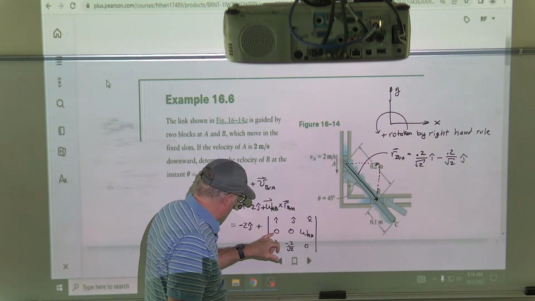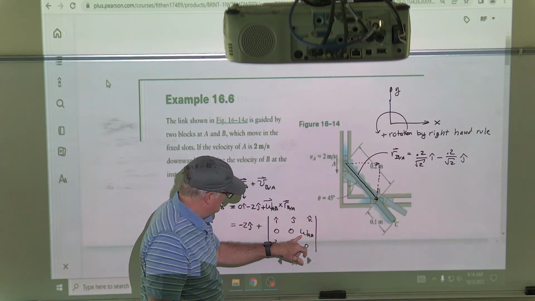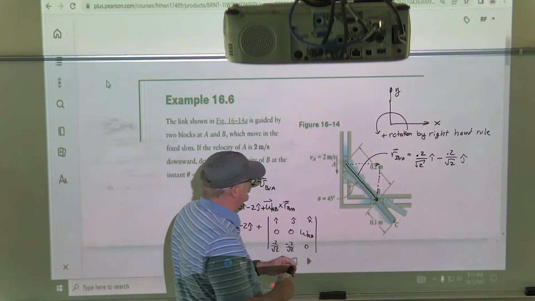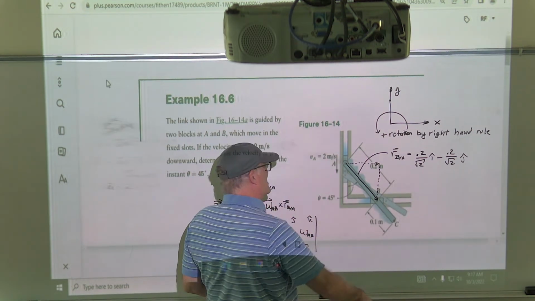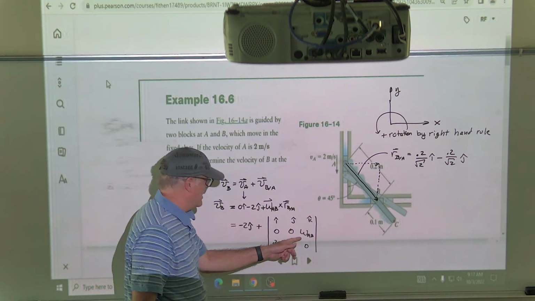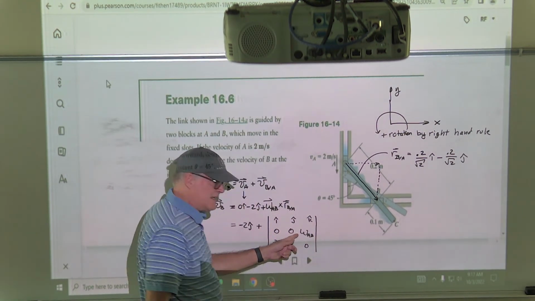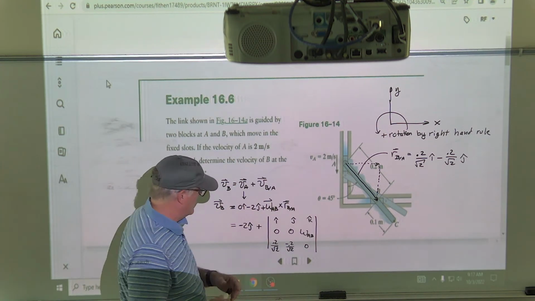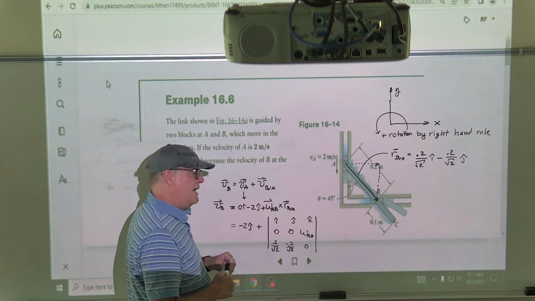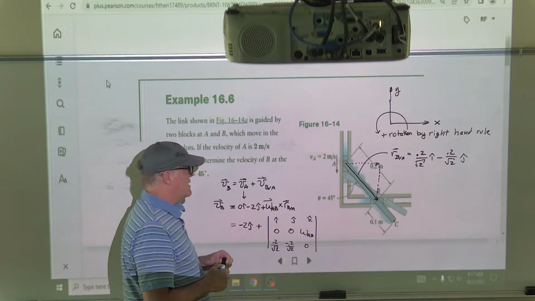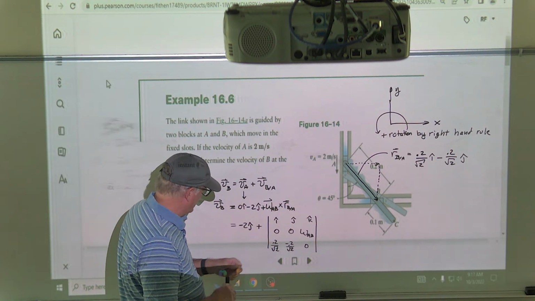So there's no X component, no Y, and there's only Z. Now I assume it to be positive, so to me, this rotation like this is going to be a positive number there. If I want to assume it to go the other way, I'm going to have to keep a negative sign, and I'm going to have to keep up with that. So I don't want to keep up with that. So I always assume everything's positive. That could be a saving grace for you in a situation like that.